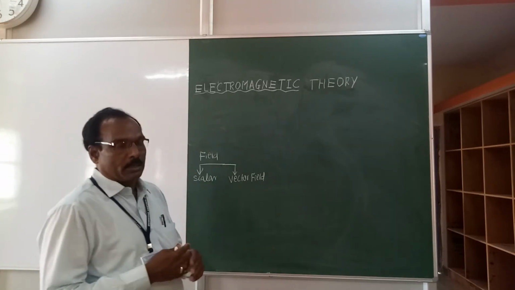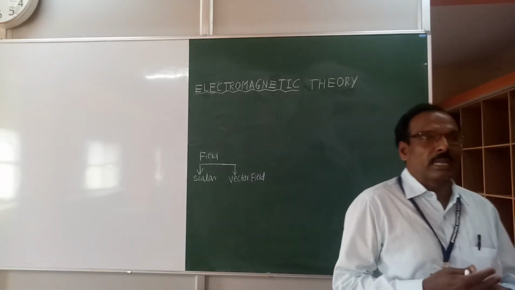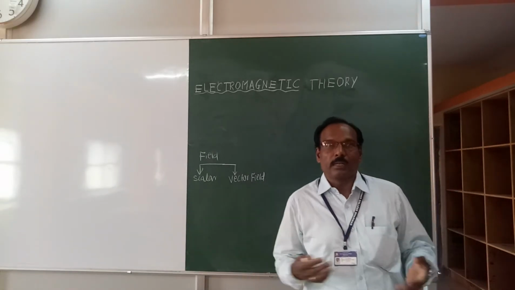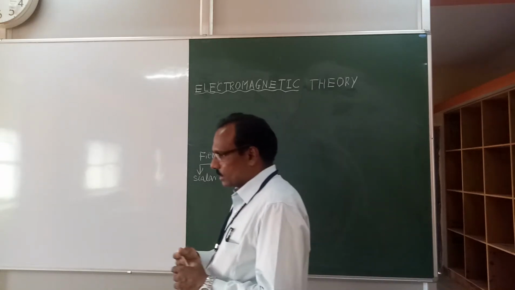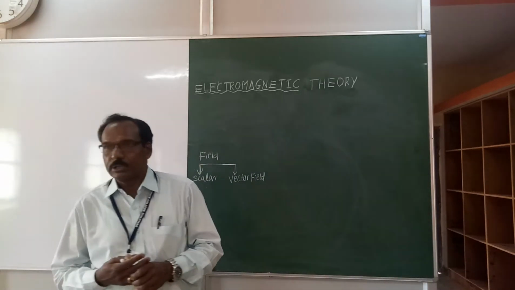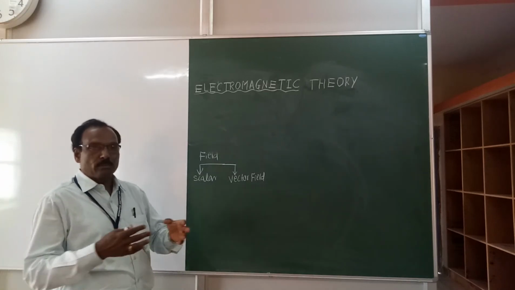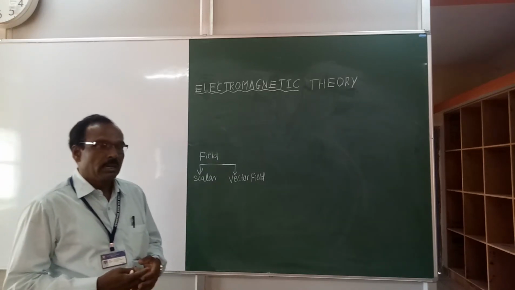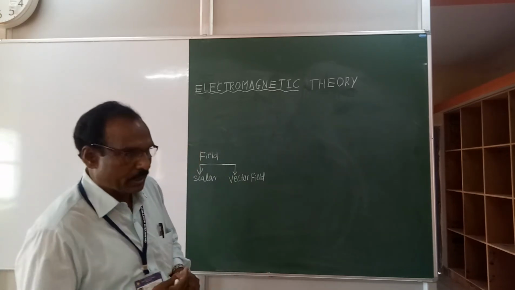This is the first part. Mathematical background is the first part, and under this we have gradient of a scalar, divergence of a vector field, curl of a vector, some theorems, and line integral, surface integral, and volume integral.